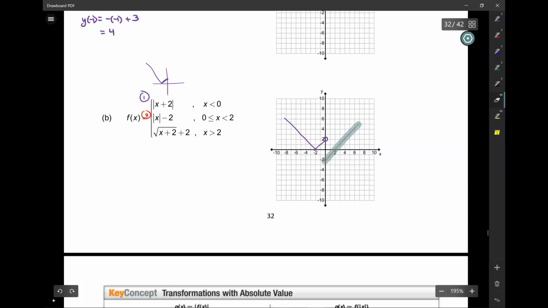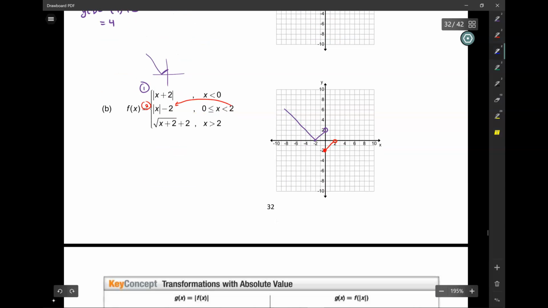Okay, so first we plug in x is 0, and we get that y is -2 with a closed circle. When x is 2, right, we get 0 but open circle. And that's what that looks like. And then finally, the last one is a square root again.